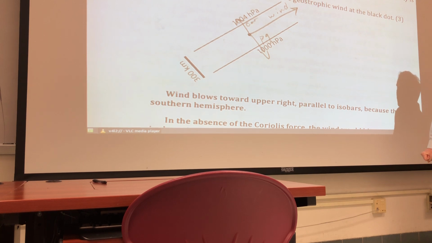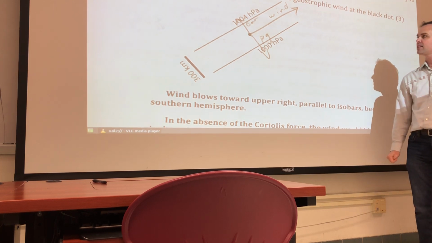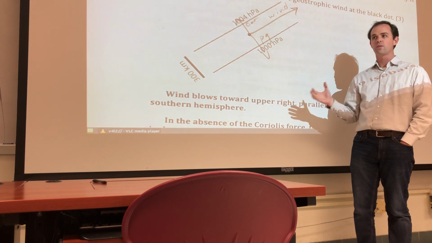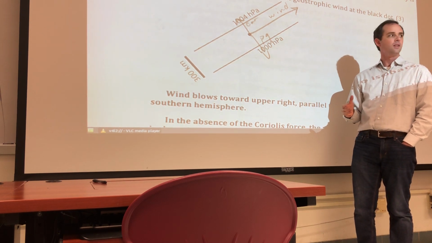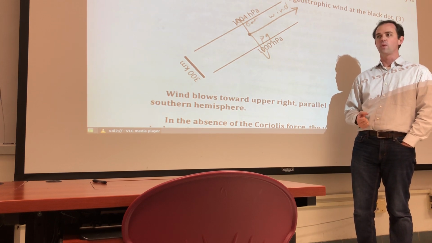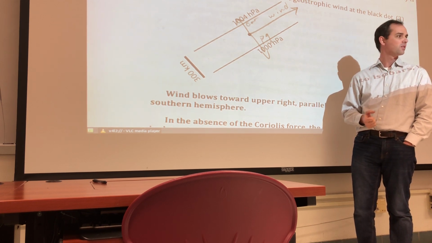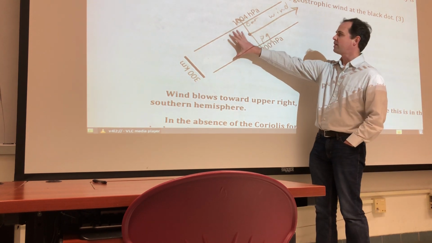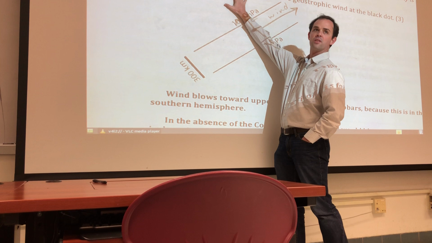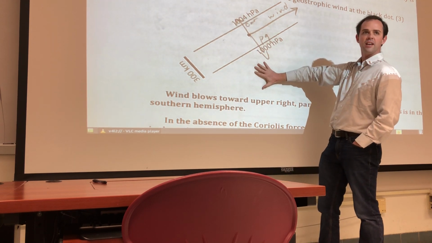But the result of this is that typically in both the northern and southern hemispheres, it's that swapping of the Coriolis force that gives us the prevailing westerlies in both hemispheres. So this is sort of roughly drawn in the southern hemisphere. Higher pressure is found in the tropics, lower pressure in the extratropics.